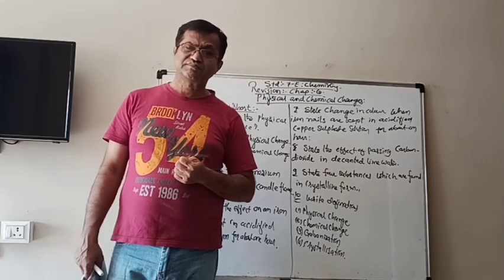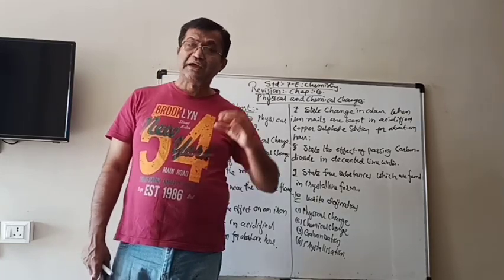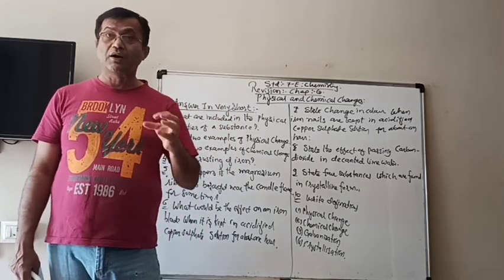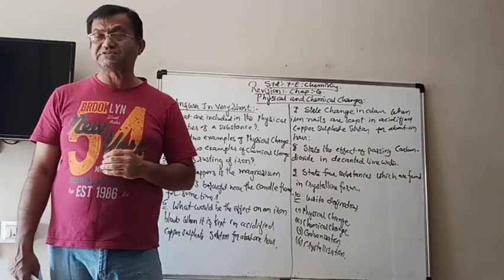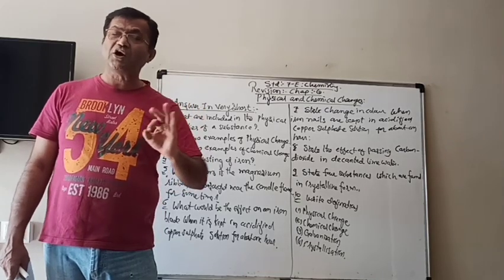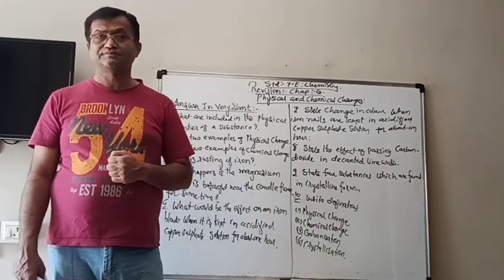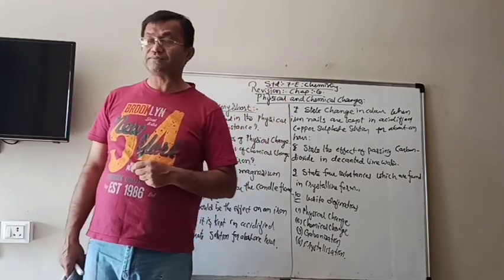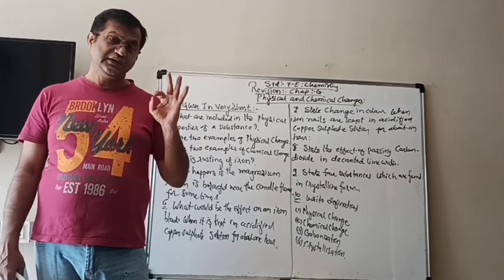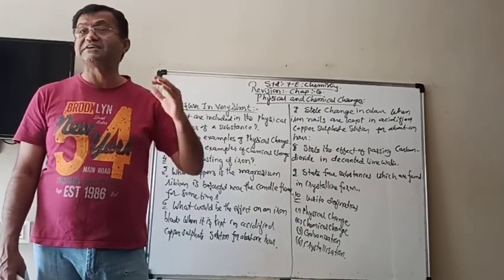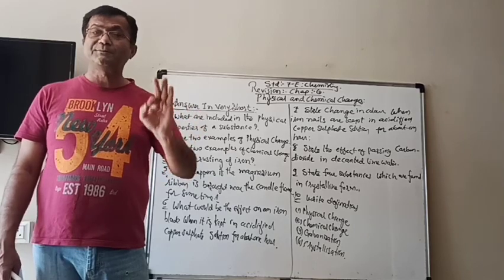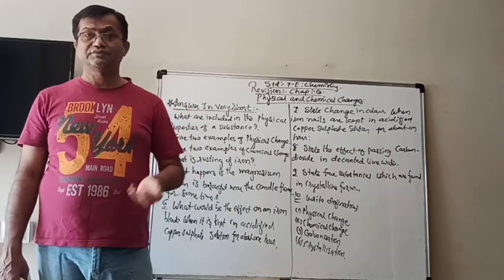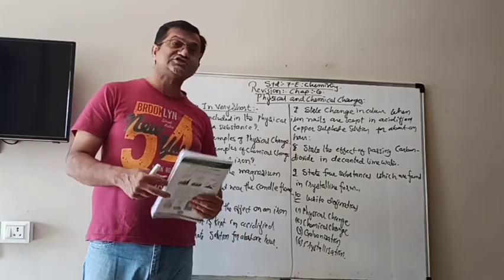Crystallization means to get crystals of a pure substance from its solution. So what is crystallization? The process of getting crystals of pure substance from its solution is known as crystallization.